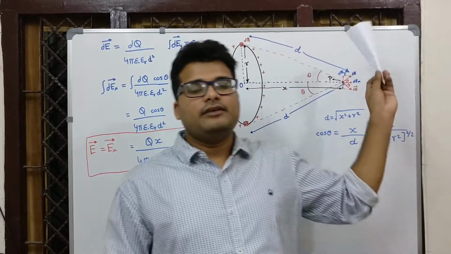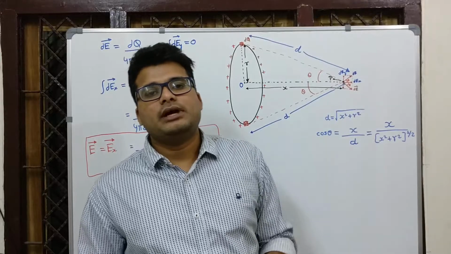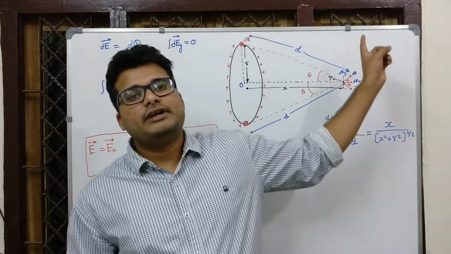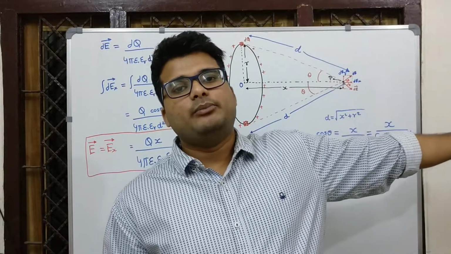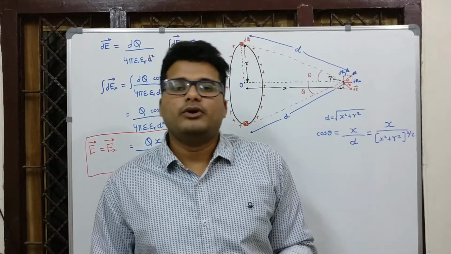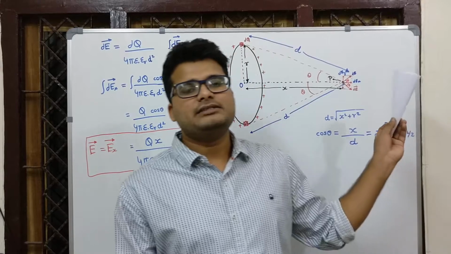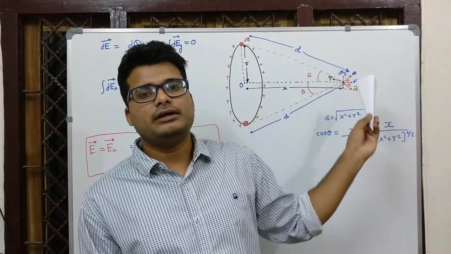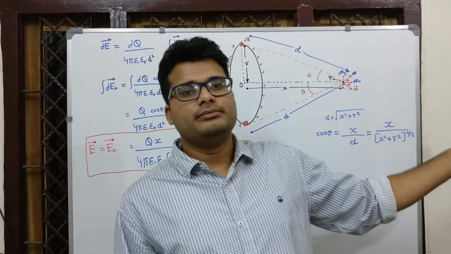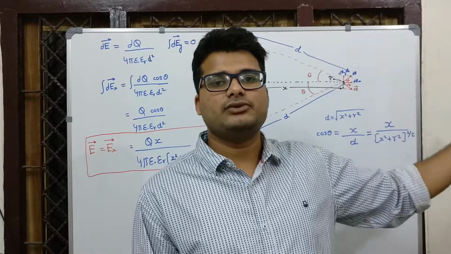So here, if I take an elemental charge dq as a point charge, the electric field intensity due to that dq at the point P is dq upon 4 pi epsilon naught d square. And d we can easily find out by Pythagoras theorem: under root of x square plus r square is nothing but d.